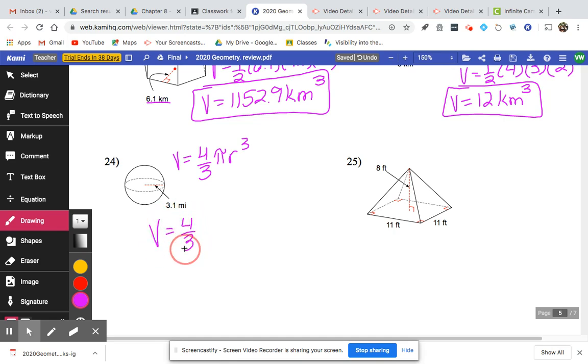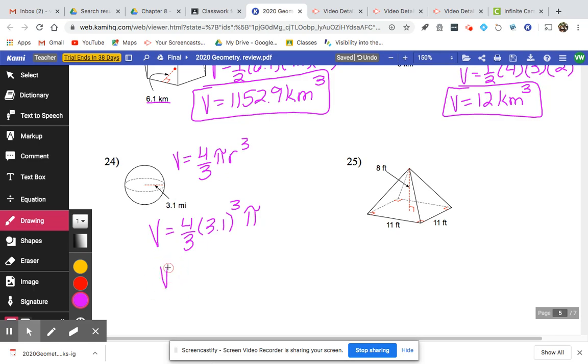So 4/3, my radius is 3.1 to the 3rd power times pi. We want to leave this in terms of pi. Here's what you do. Take 3.1, raise it to the 3rd power, hit equals. Whatever that number is, multiply it by 4, then you get a number, and then you divide that number by 3.